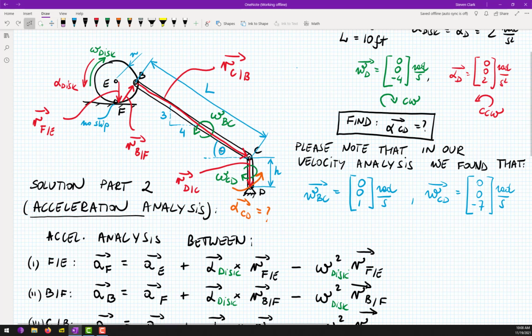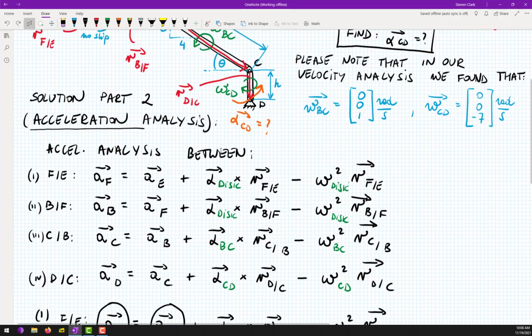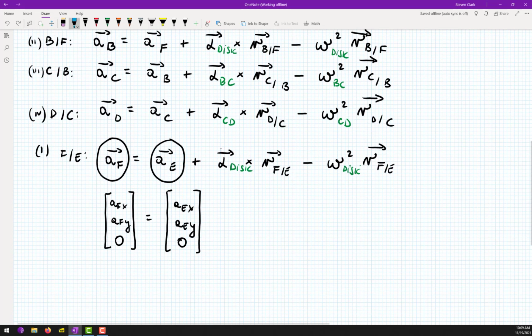Can you tell me something about the acceleration of point E? Can you guess any of these values? Both 0? Partially true, 50% true.